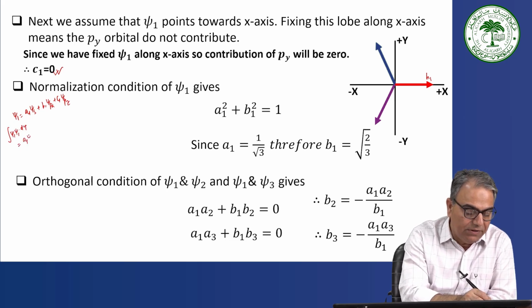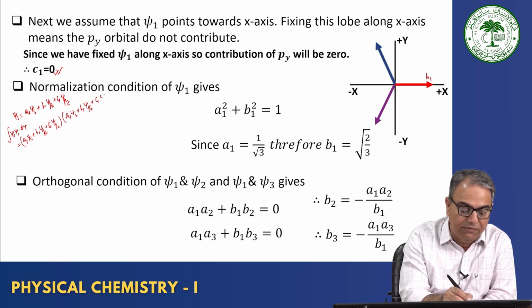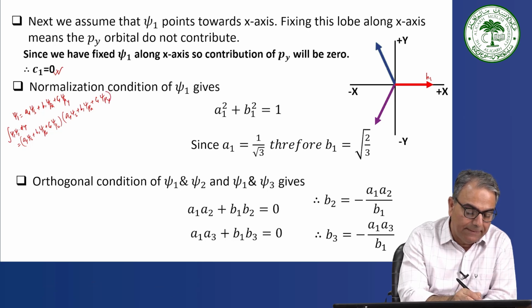It will be a1 psi s plus b1 psi px plus c1 psi pz multiplied by a1 psi s plus b1 psi px plus c1 psi pz. I have written py at one place. So it will also be py.